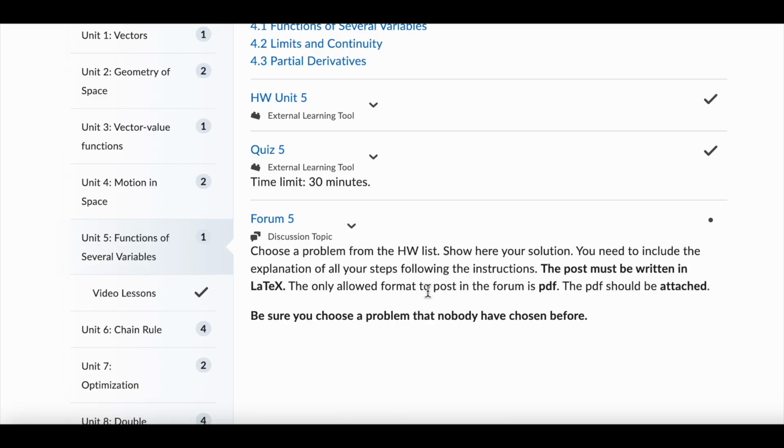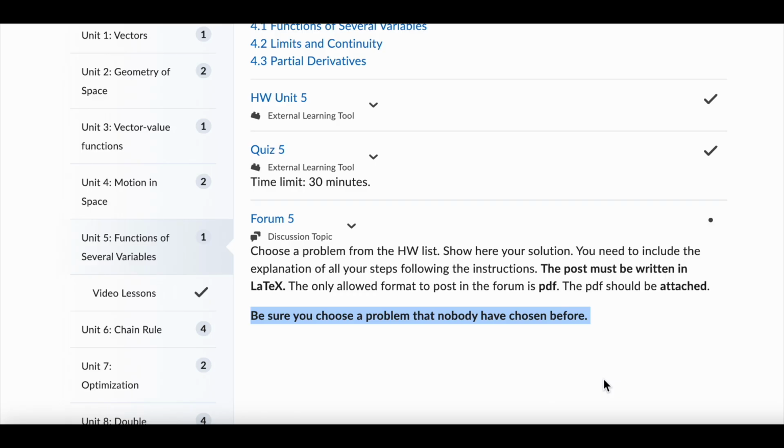Essentially, you need to write a paper every week. And this paper should show how you solved a problem. The problem should be a problem of your choice. You can choose any problem of the ones in the homework list, with the only restriction that it should be a problem that nobody else has chosen before.